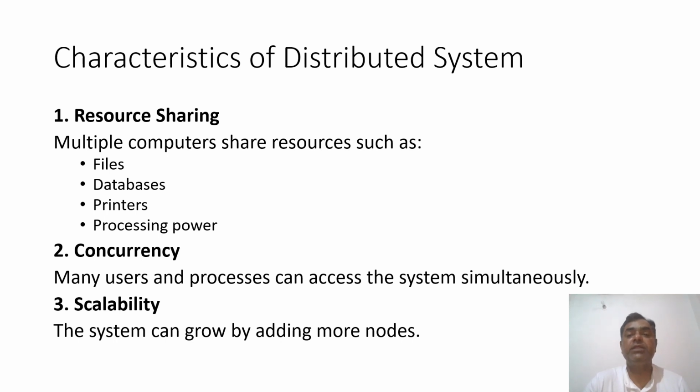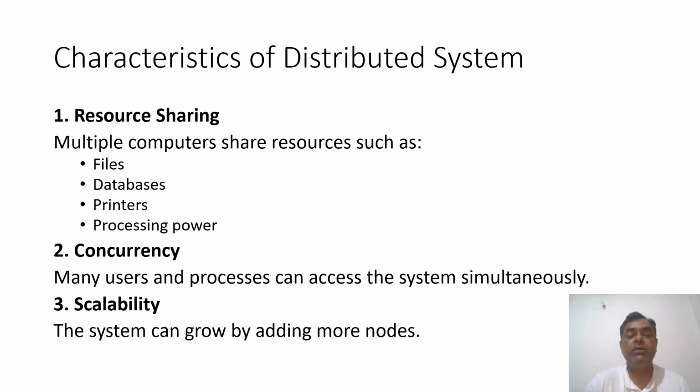What are the different characteristics of a distributed system? Resource sharing. What we are doing here is saving the file in different systems, and when we want to find that file, we can get it from different systems, or servers. Databases and printers can be shared. The processing power of different servers can be shared by using the distributed system architecture.